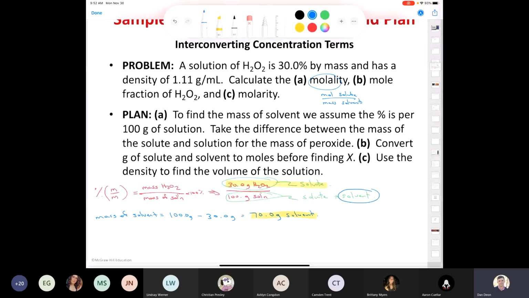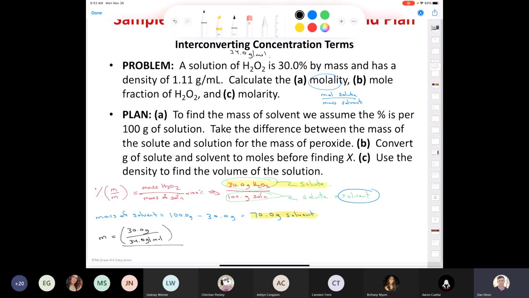So let's set it up. Molality, small m, is going to be equal to 30.0 grams. I'm going to calculate the number of moles of hydrogen peroxide in the numerator. I've gone ahead and calculated the molar mass of hydrogen peroxide, which is 34.0 grams per mole. So we'll put that in the numerator.